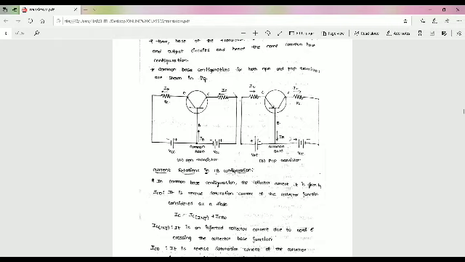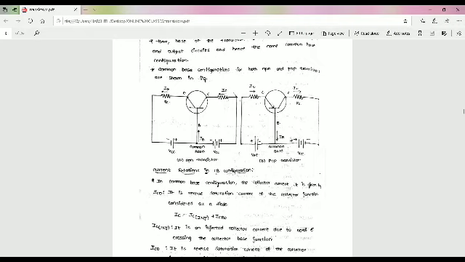And next, current relations in CB configurations. What are the relations? Collector current IC is given by ICBO, the reverse saturation current of the collector junction considered as a diode.